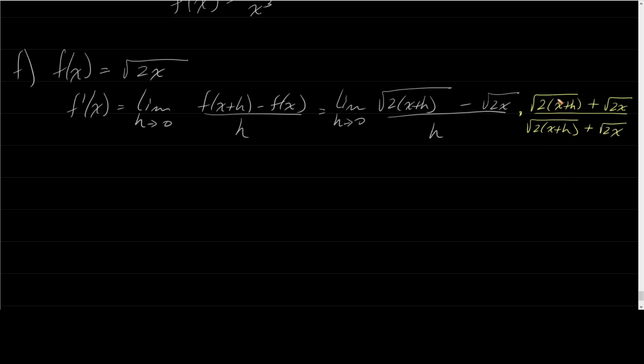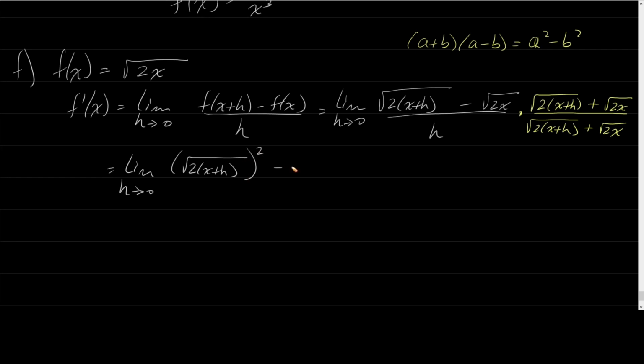Notice that in the numerator, I've got the product of conjugates. If you recall, the product of conjugates is the difference of squares. So what I get now is the limit as h goes to 0 of the square root of 2 times (x plus h) squared minus the square root of 2x squared, all of this over h times radical 2 times (x plus h) plus radical 2x.